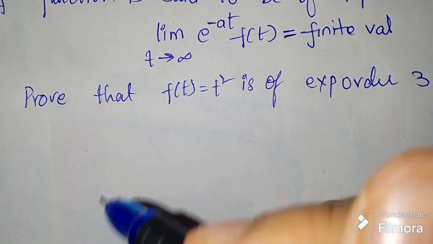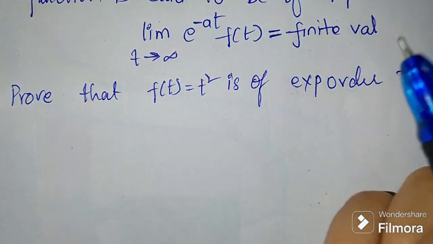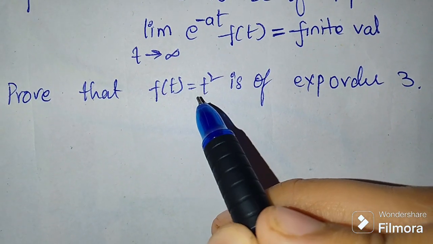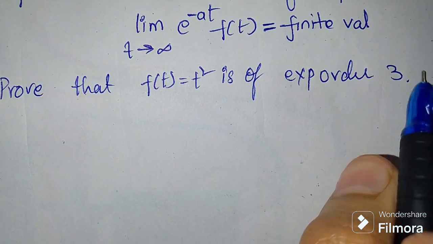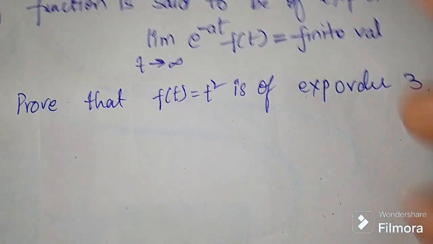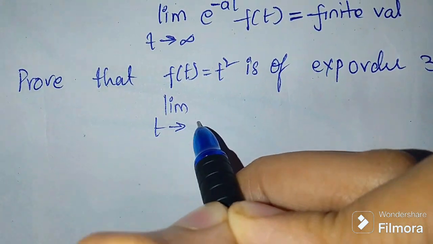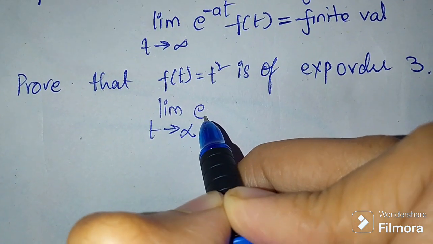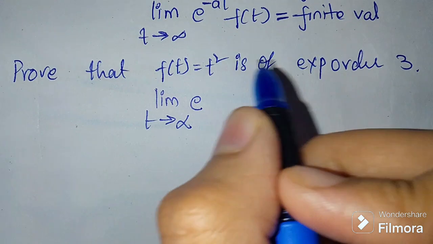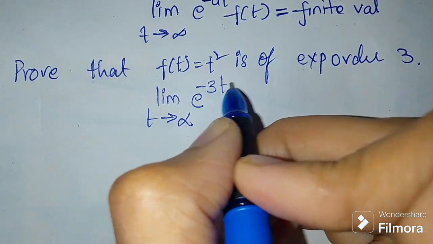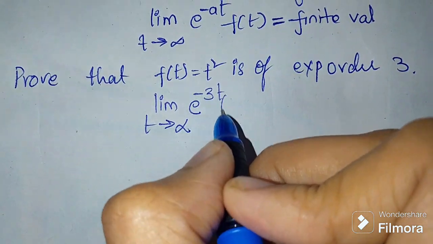To make you understand, I gave one question here. Prove that f of t equal to t square is of exponential order 3. What you should do is apply the limit. Limit t tends to infinity, e power minus, in place of a we write 3, times f of t, which is t square.